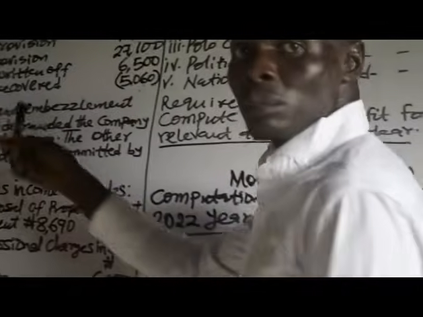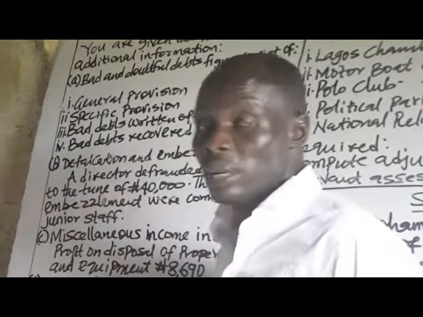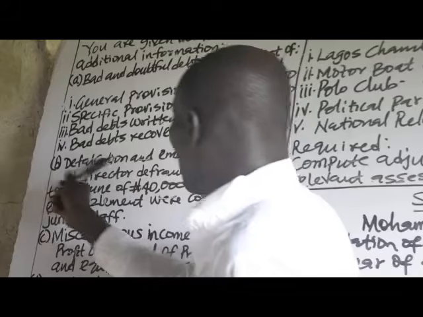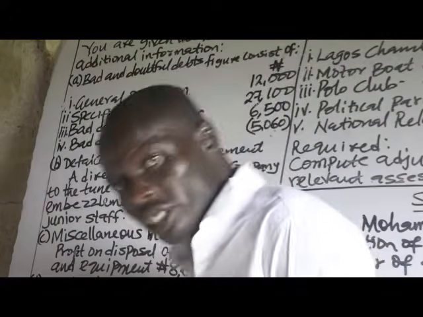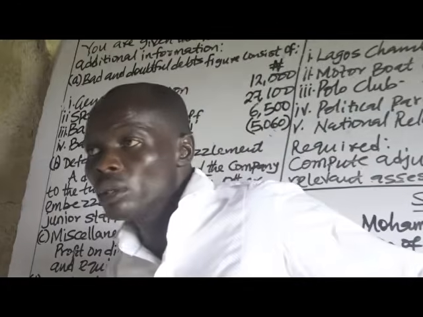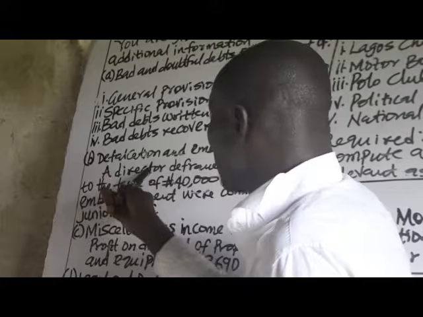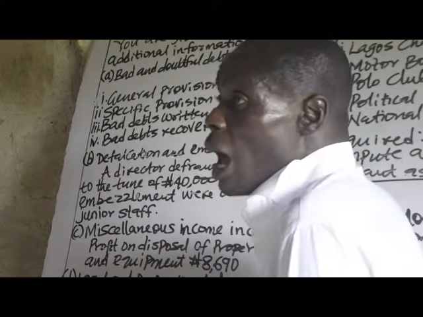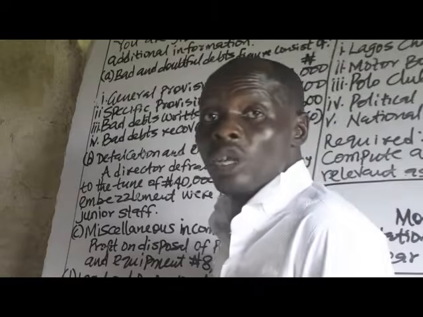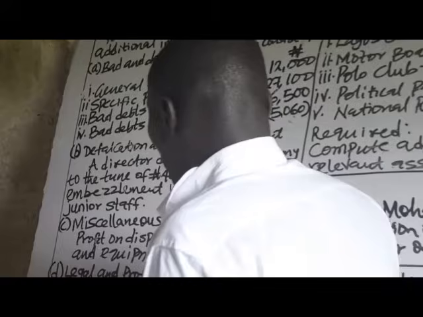There is no depreciation and embezzlement anywhere in the income statement. That means it is not allowable expenses, not reported. It is not recorded in the income statement. That is why we say it is not reported. I told you that for non-allowable expenses not reported, you are going to ignore that. So that means B will totally be ignored.